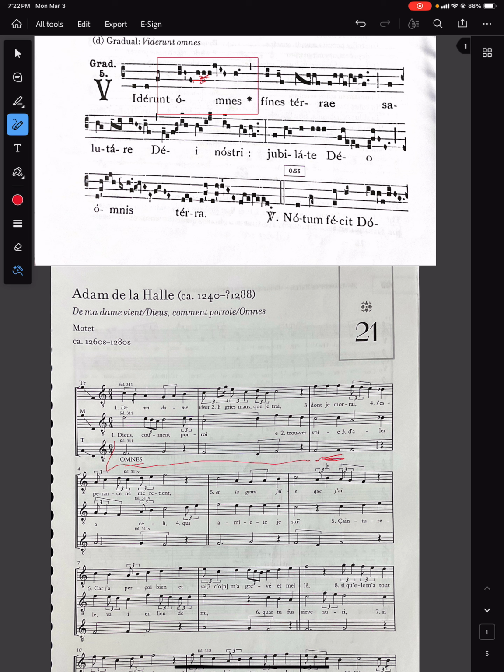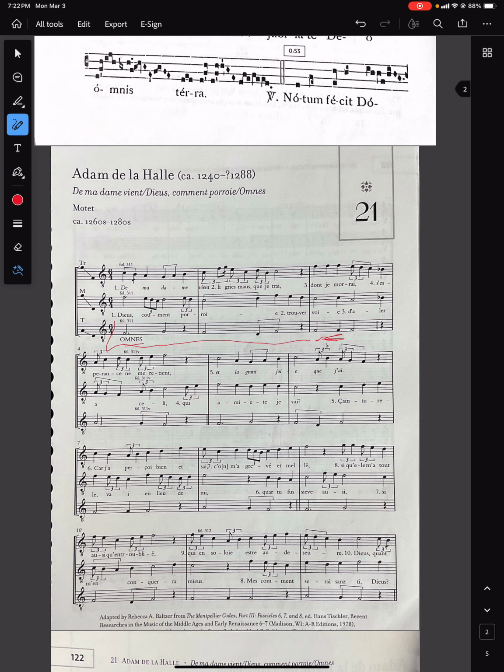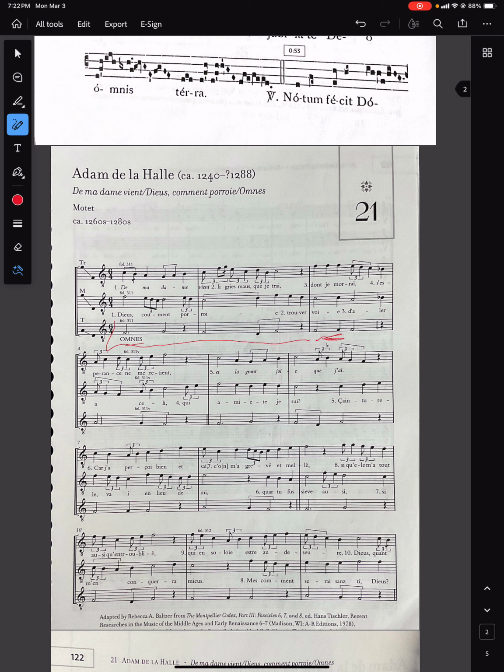But we also see some other stylistic developments that take advantage of Franconian notation. One of them is more rhythmic variety within the parts, right? Half notes, triplets, those would be semibrevs, longs, semibrev and brev, all sorts of stuff going on, just much more complicated, and then more rhythmic differentiation between the parts.